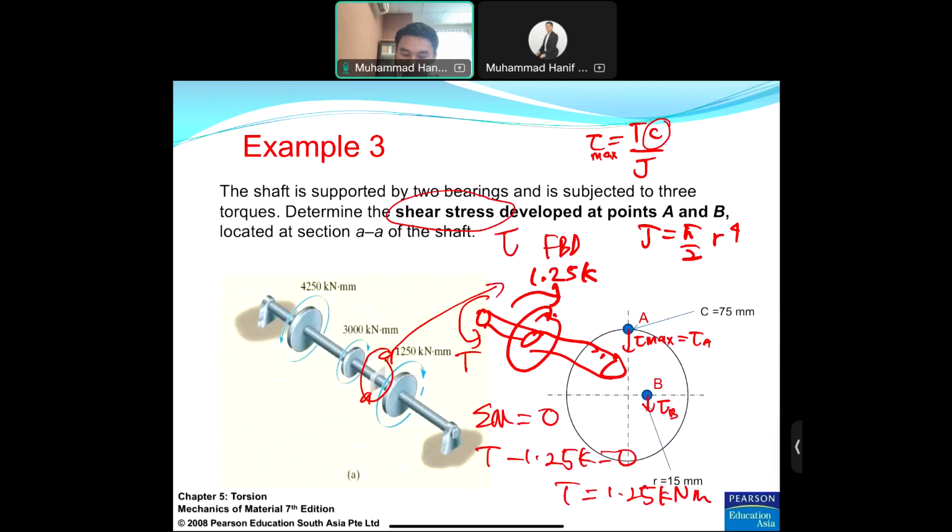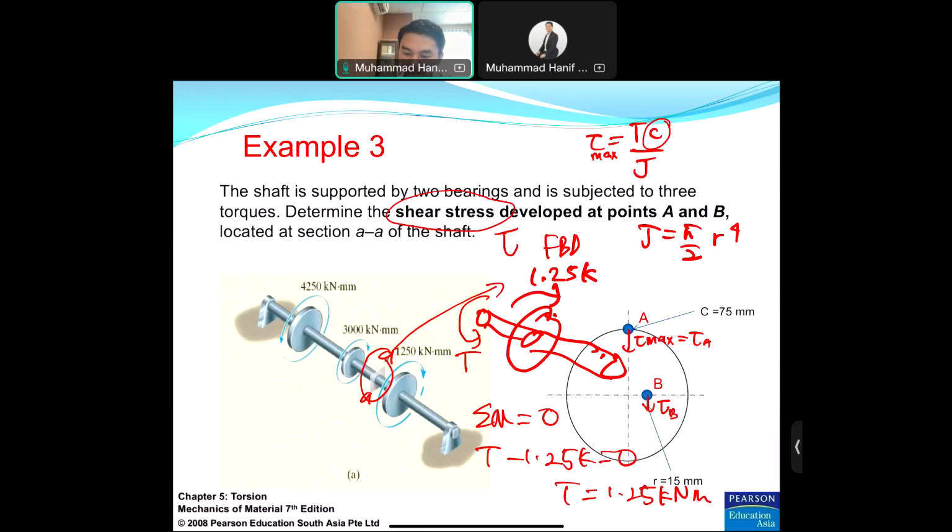Once you have the T, then you can put the T into the equation Tc over J. You can calculate individually, calculating J first. This is the thing that you have to understand. Some students put a different value of C into the J equation. This normally happens with previous students.